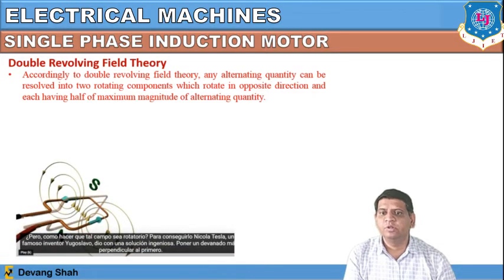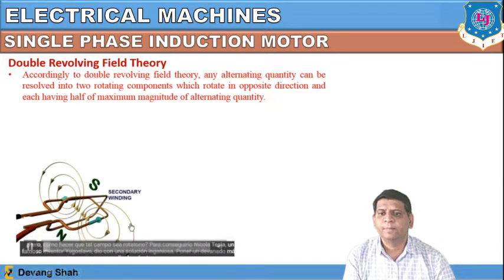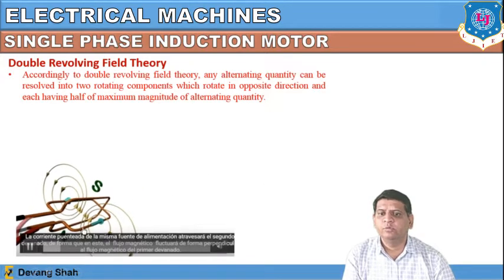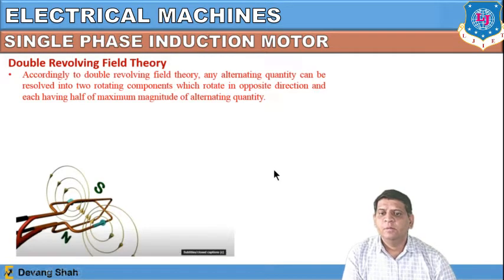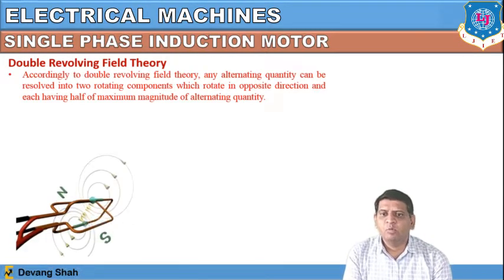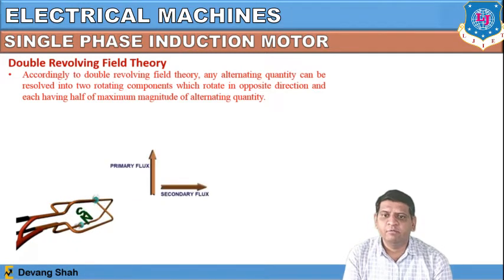So in this particular theory, if you look at this video, the secondary winding is put in a perpendicular direction to the main winding. So now two windings are available here. One is the main winding and the other one is the auxiliary winding.